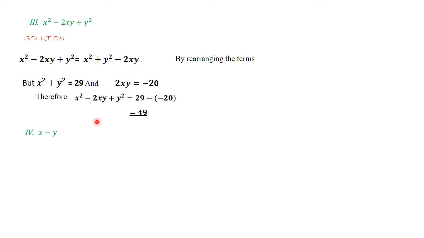In Roman 4, we are told to look for or simplify x minus y. It's important to note that x minus y is the square root of x minus y squared. Remember that the square root and the square sign are reverse operations, which makes what you have before the equal sign the same as what you have after the equal sign, so please consider that. But you're told that x minus y squared is the same as x squared minus 2xy plus y squared, and this is the second case of the perfect square that I tackled at the beginning of the tutorial.